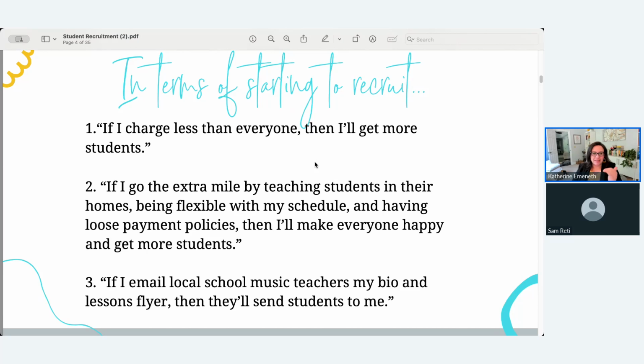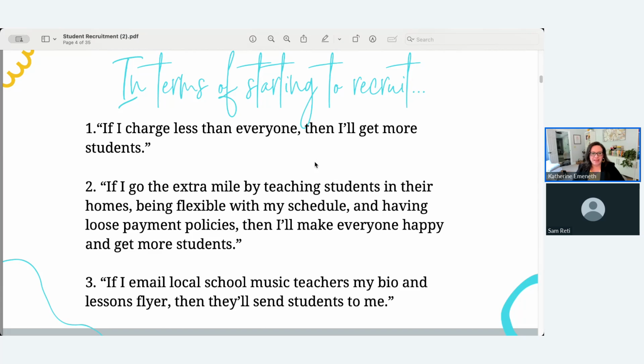First one is, if I charge less than everyone else, then I'll get more students. Or if I go the extra mile by teaching students in their homes, being flexible with my schedule, and having loose payment policies, then I'll make everyone happy and get more students. Or if I email local school music teachers my bio and lessons flyer, then they'll send students to me.